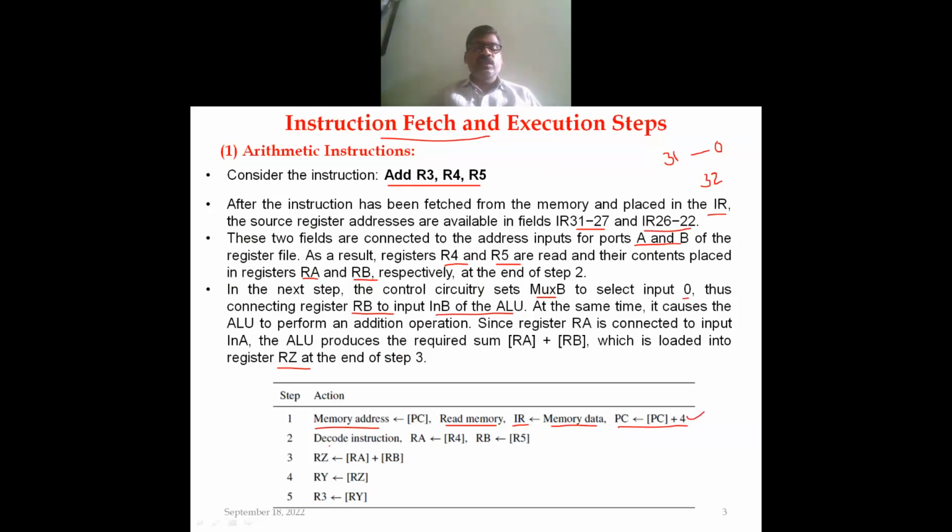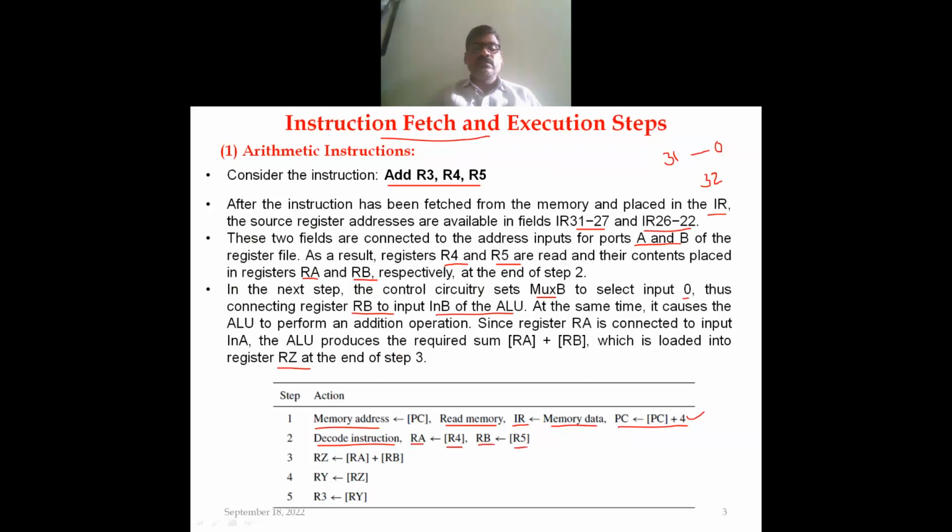In the second step, we decode the instruction. Once decoded, the contents of R4 are loaded into the first operand intermediate register RA, and the contents of R5 are loaded into the second intermediate register RB.